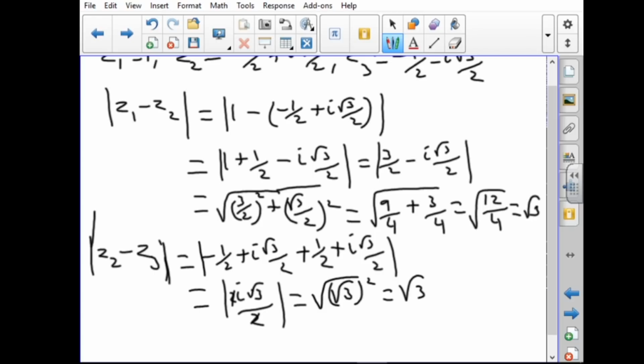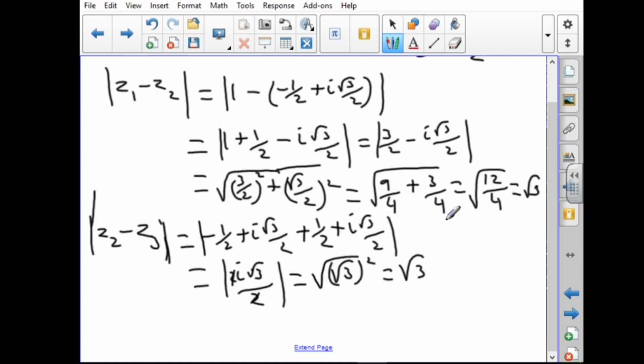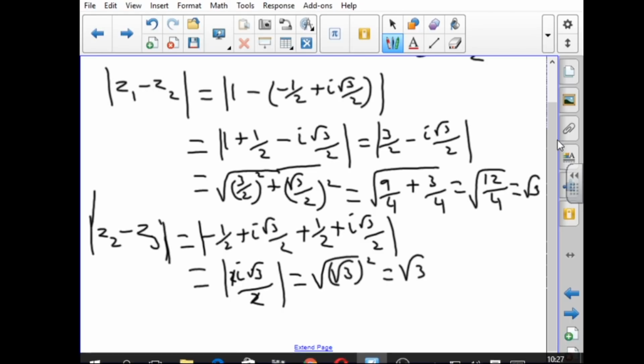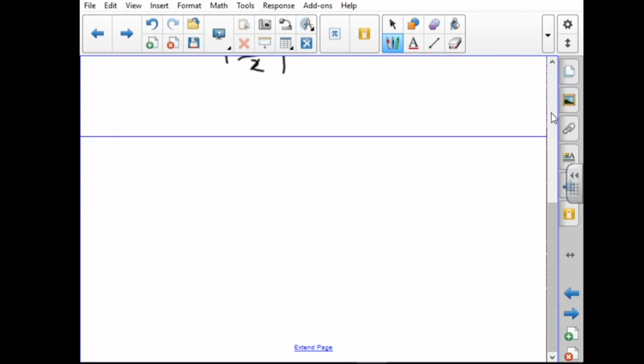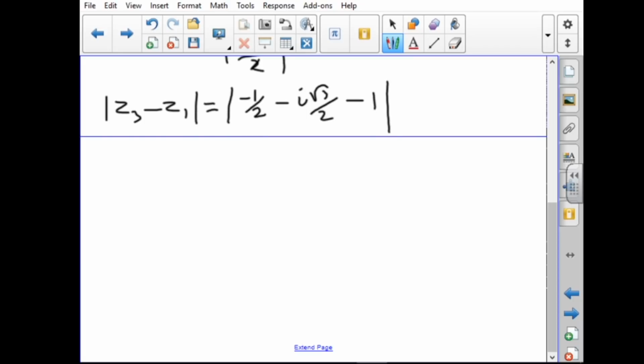Then the modulus of Z3 minus Z1. It is equal to the modulus of minus 1 by 2 minus i root 3 by 2 minus 1.